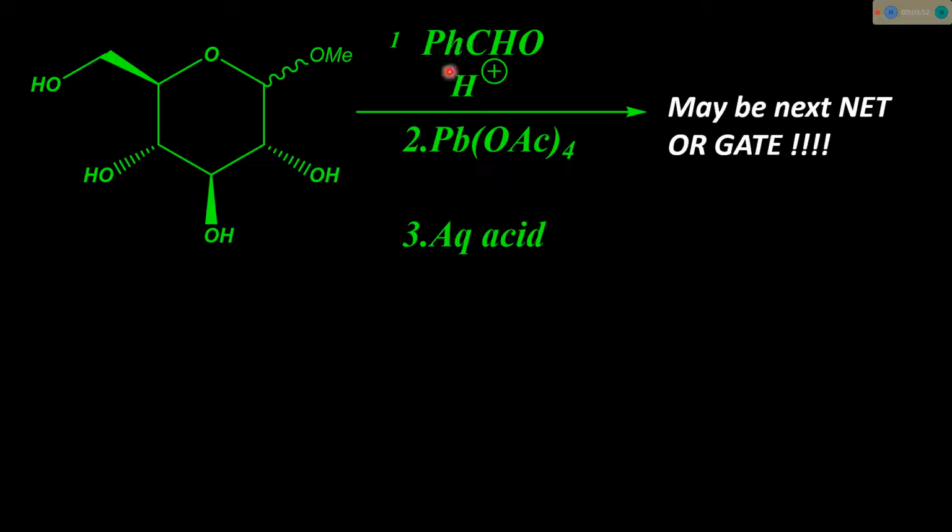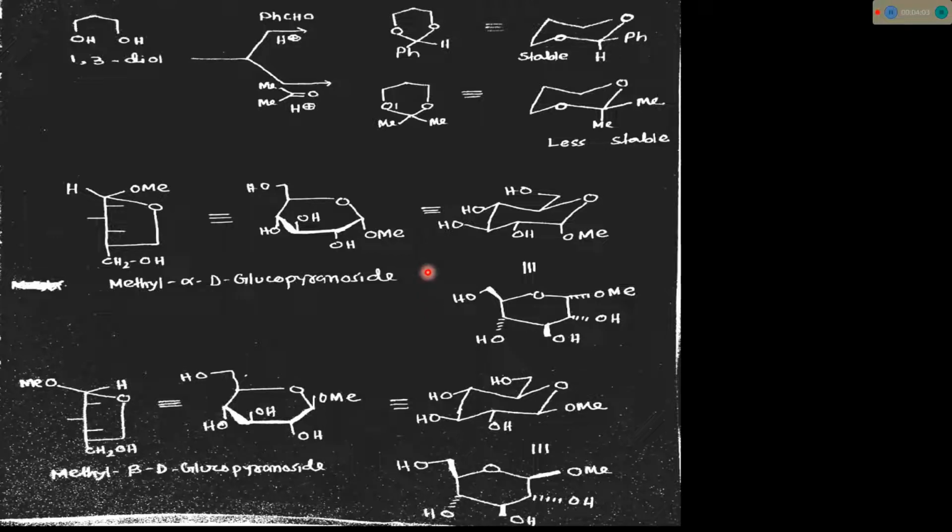The first reagent is benzaldehyde along with a catalytic amount of H plus, second is lead tetraacetate, and then it is treated with aqueous acid. So let's see. These are some basic discussions. We have to know this before coming to the main question.